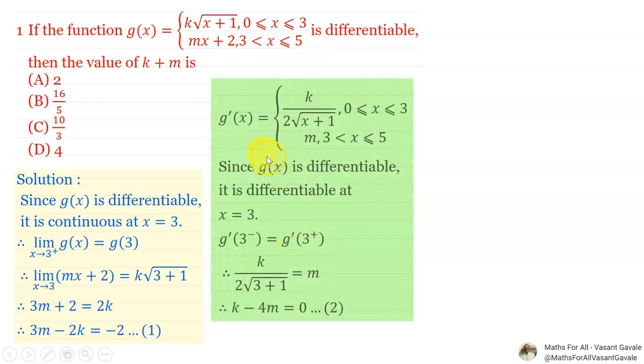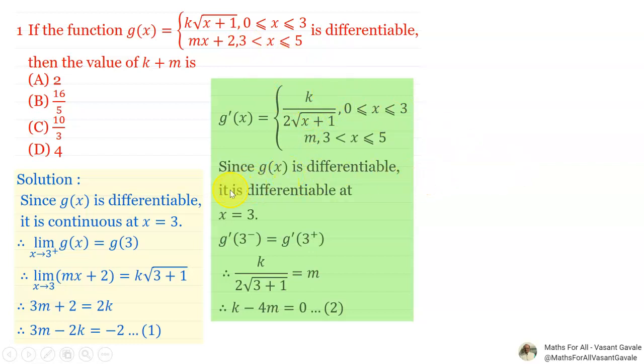Now the second equation. That is, g dash of x is equal to the derivative of k root of x plus 1, that is k upon 2 root of x plus 1, where x lies between 0 and 3, and again mx plus 2, its derivative is m, where x lies between 3 and 5.